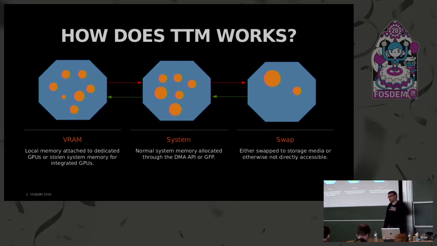And the important thing in TTM is that those buffer objects can move from one domain to another. So for example, if you suspend your laptop, buffers from the VRAM domain usually move to the system or swap domain for the simple reason that the local GPU memory is powered off.